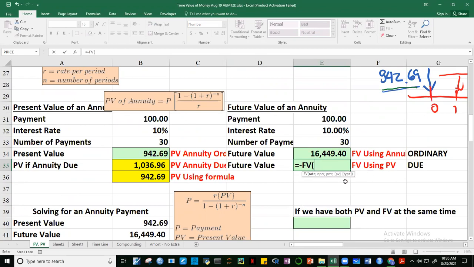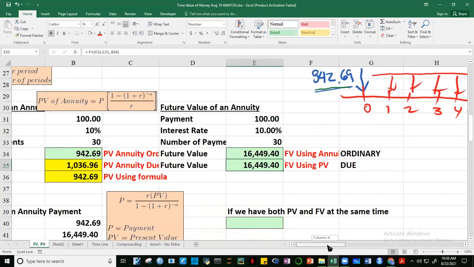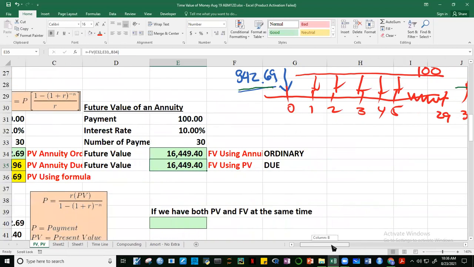So let's take a look at that. Ano rate natin? 10%, comma. Ano yung NPER? 30, comma. Ano yung PMT? Hindi natin gagamitin yung PMT. Ang gagamitin natin present value 942.69. Okay? So how much is 942.69 after 30 years at 10%? It's equivalent to 16449.4. Okay, so that just proves, guys, that these are equivalent values.